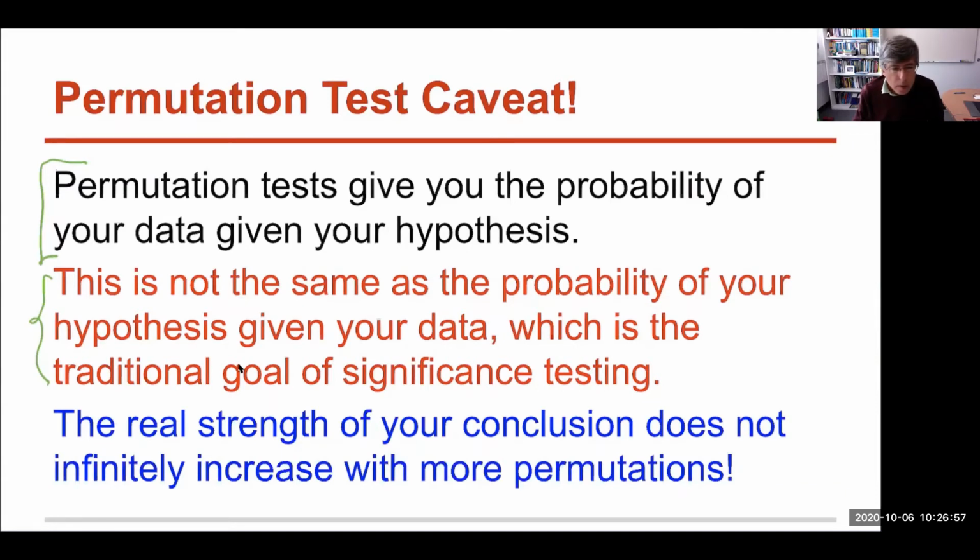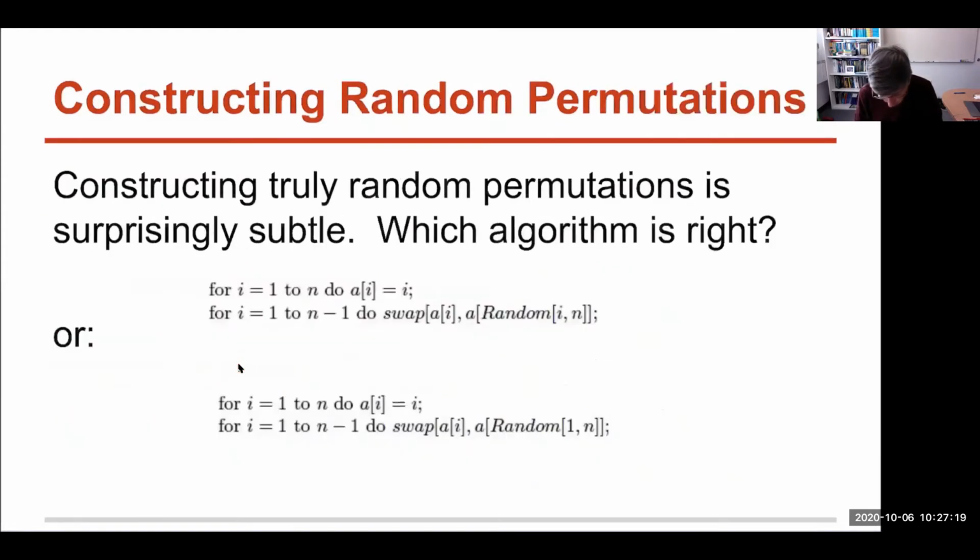So there is a subtle difference here, but I still think that a permutation test is a good way to give you some confidence in whether something is happening by chance. Any questions? It's a good way of keeping you honest on some level.